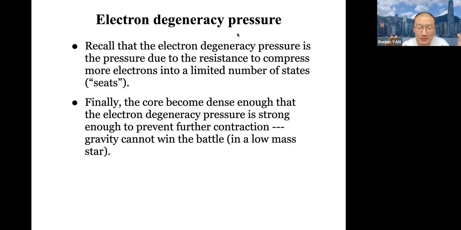But the sun's gravity is not strong enough to overcome the electron degeneracy pressure. Again, this is due to the resistance to compressing more electrons into a limited number of states. The core becomes so dense that the electron degeneracy pressure is strong enough to prevent further contraction. And basically, as it continues to contract, at some point that contraction just stops, because the electron degeneracy pressure is too high.